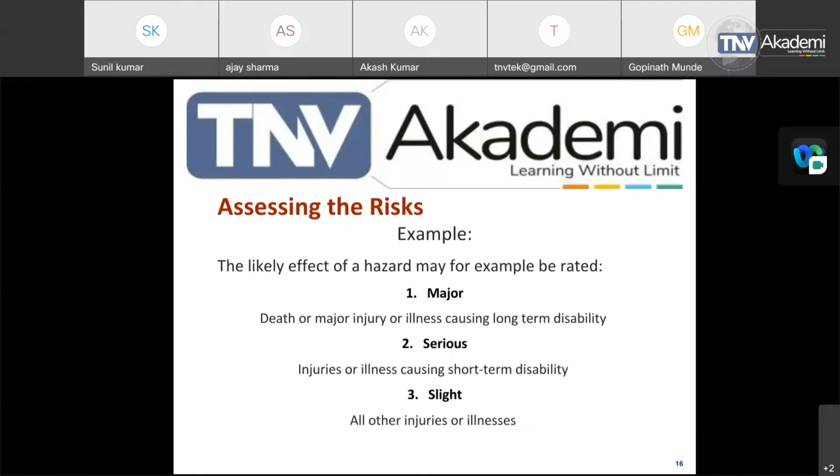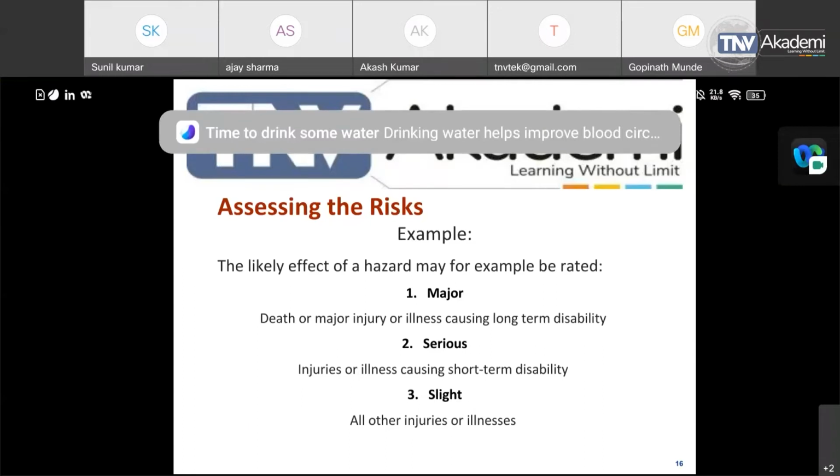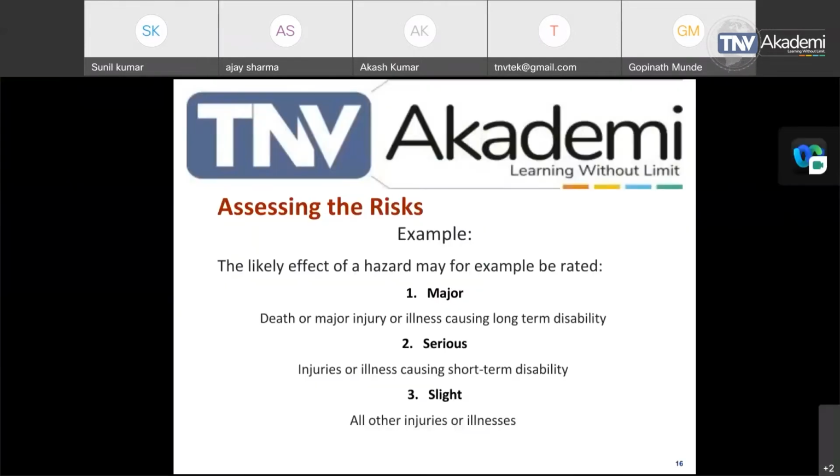You calculate based on the likelihood of occurrence; it all depends on severity and likelihood, whether the severity is major, serious, or slight.